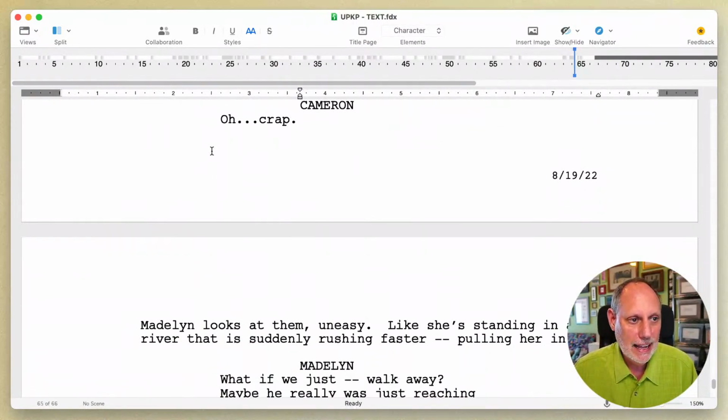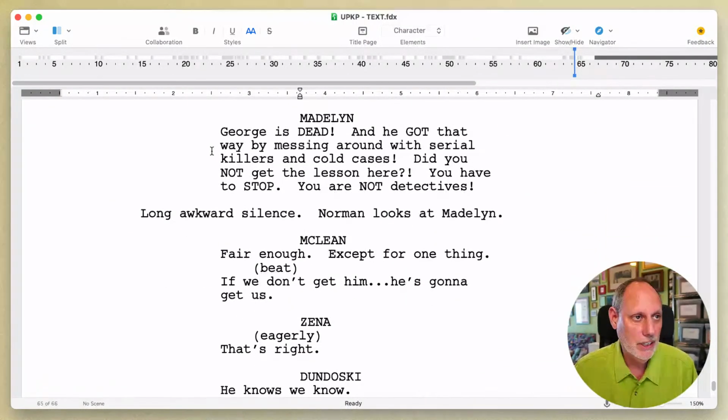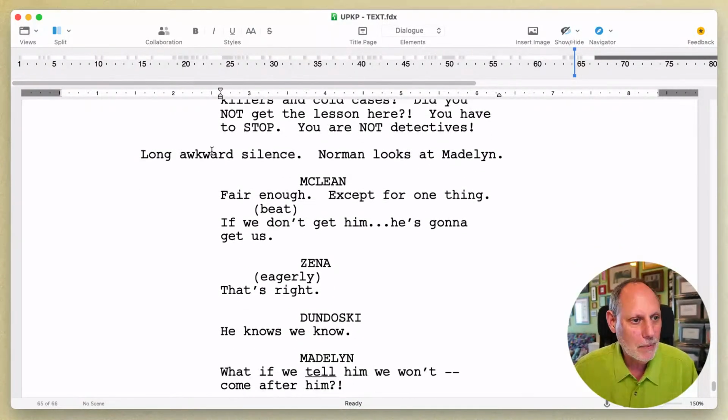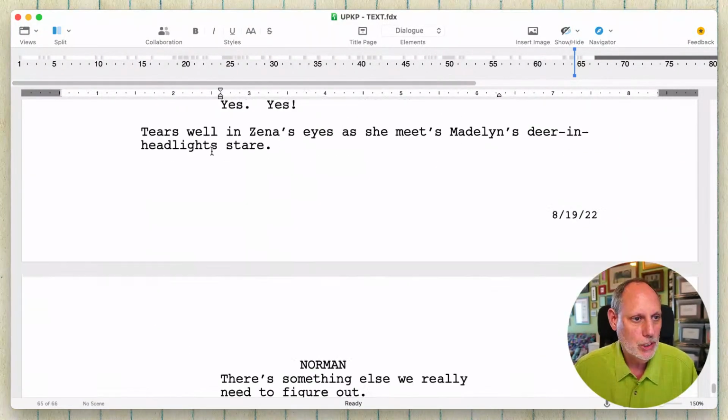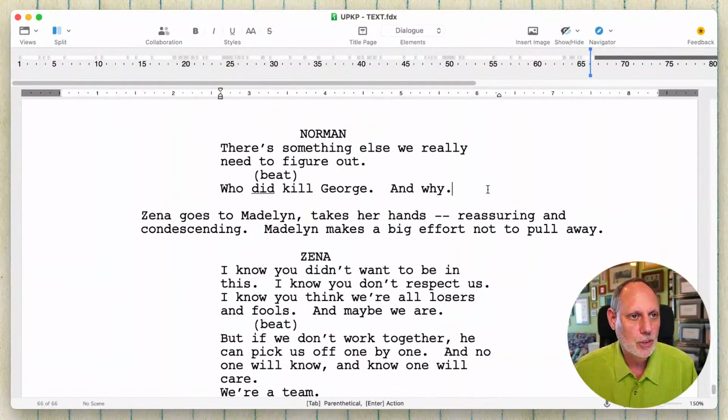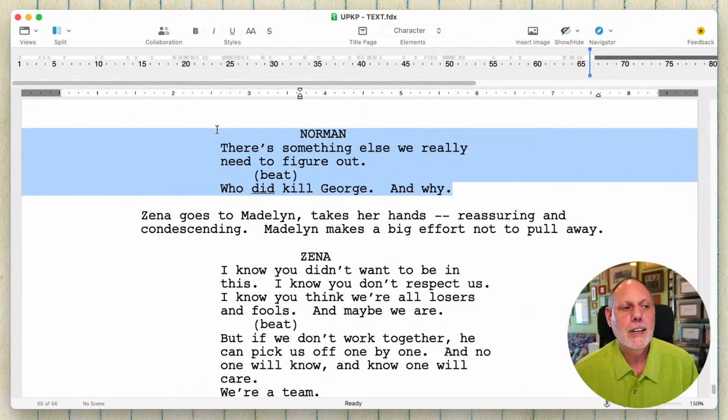And I get into that, and that's supposed to be the end of it. But then all of a sudden I bring up this other topic, which is, all of a sudden Norman down here says, there's something else we need to figure out. Who did kill George and why?